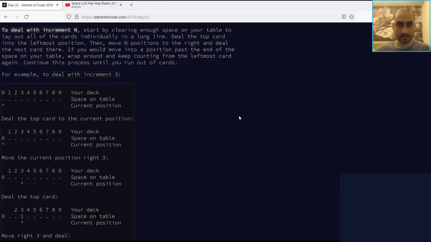Then move N positions to the right and deal the next card there. If you would move into a position past the end of the space on the table, wrap around. Okay, fine. So you just put it at intervals of N with a wraparound. You just have to deal with increment 3.